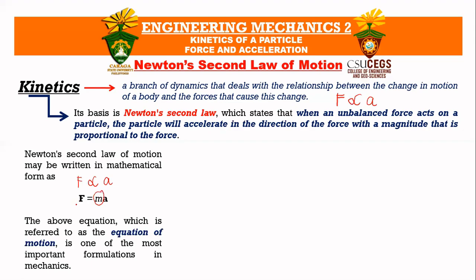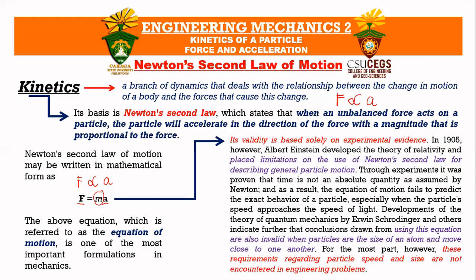If you notice, F and a, the force and the acceleration, are in boldface letters. Since they are in boldface, these quantities are vectors, and vectors have both magnitude and direction. The above equation, which is referred to as the equation of motion, is one of the most important formulations in mechanics.